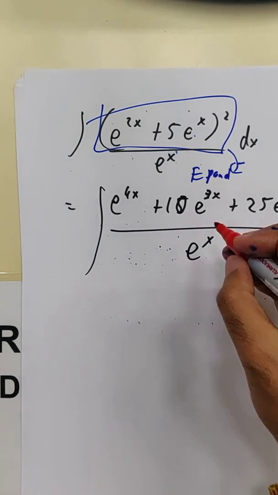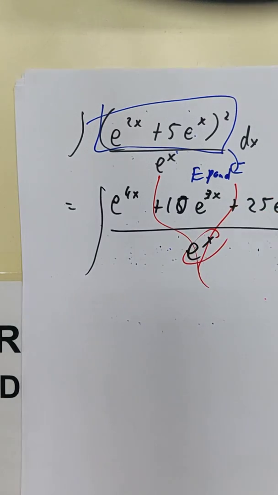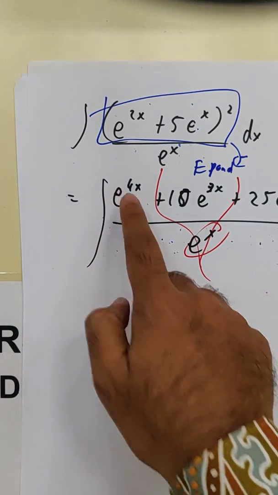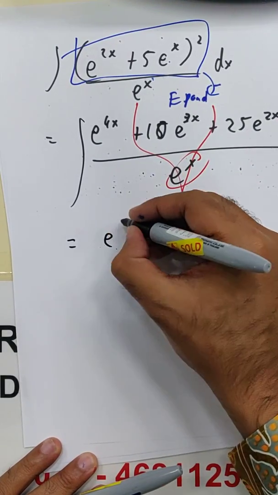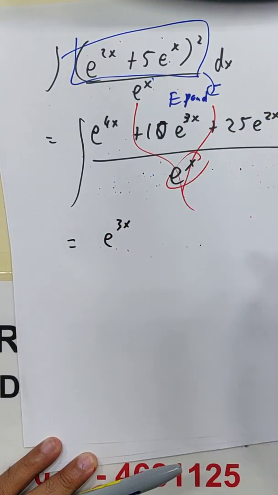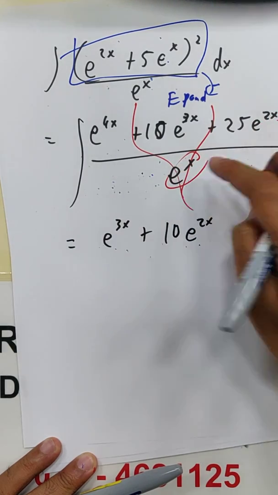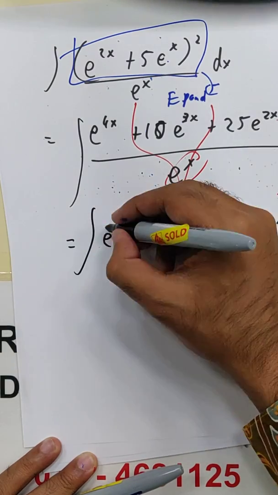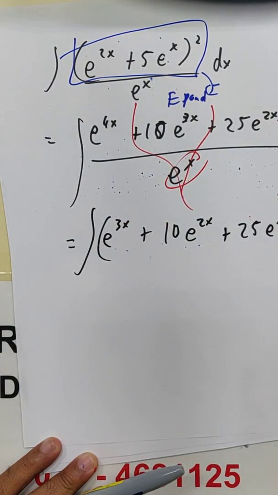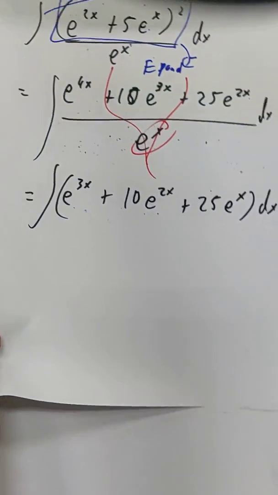Now only we use this e^x, we split them up. And of course, you can simplify them straight away. e^(4x) over e^x, e^(3x) over e^x, e^(2x) over e^x, e^x. And now only you integrate them up. If you do things step by step, things will be a lot easier.